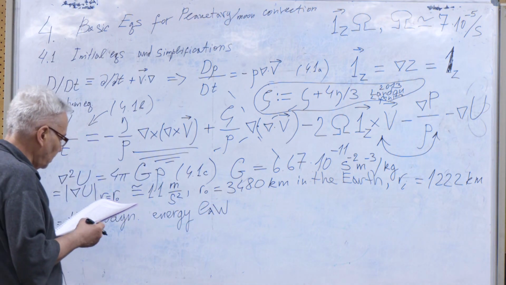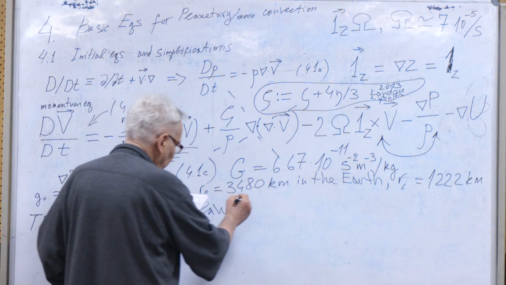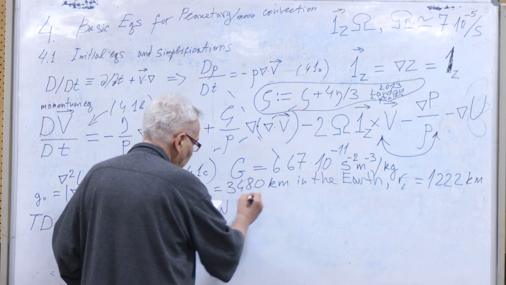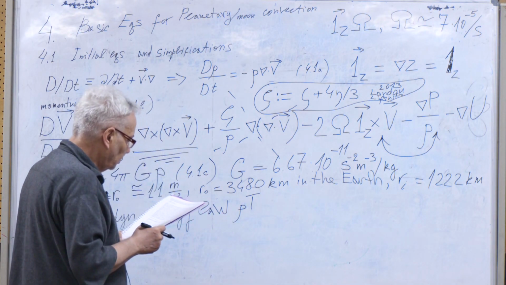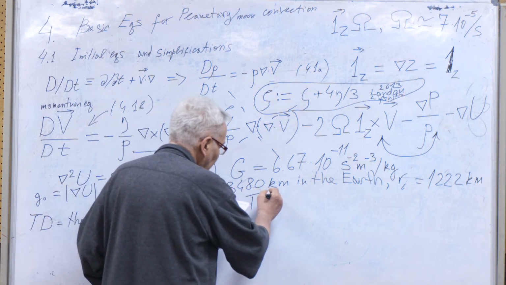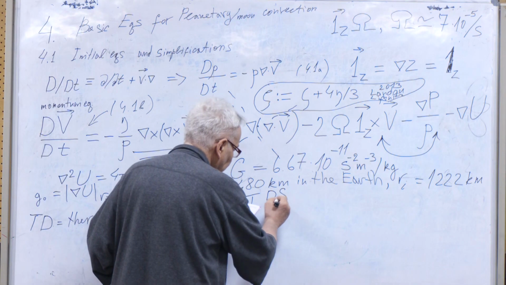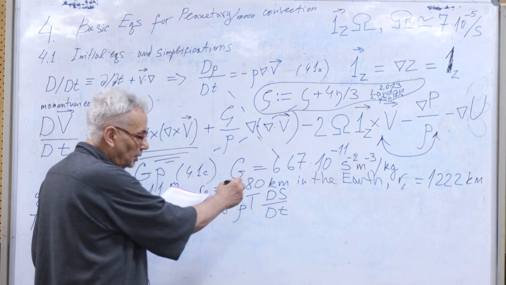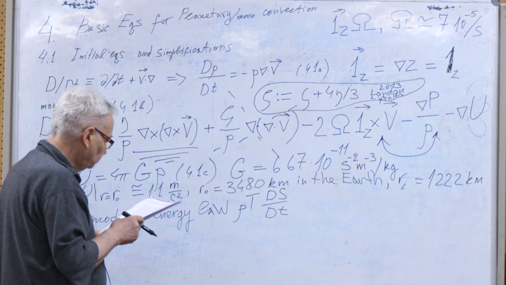It's also, of course, rather classical. We take it directly from the Landau-Lifshitz course. Rho T, where T is the thermodynamic temperature. Then we have the substantial derivative of the entropy S.